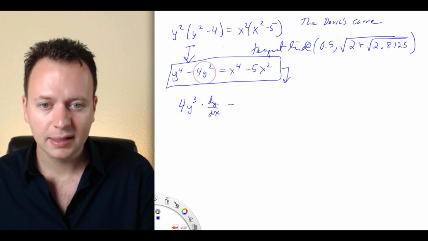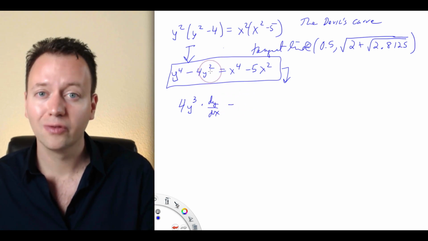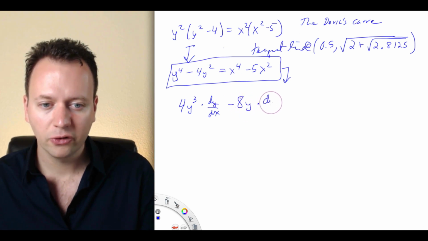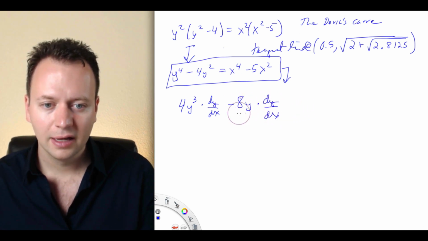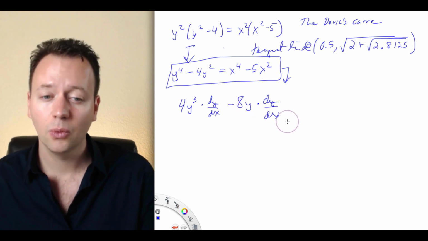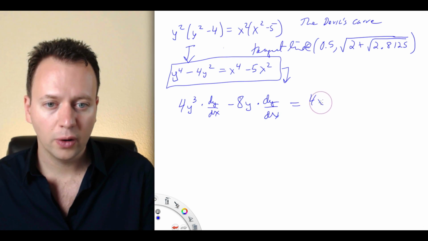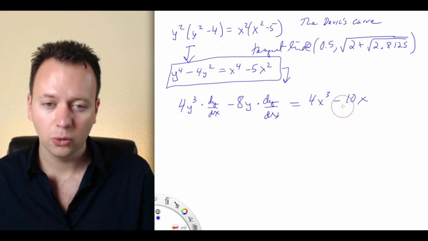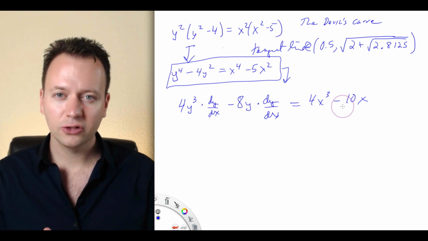Similarly, we have minus 4y squared; the derivative with respect to y, the 2 comes down, we get 8y, and then we have to multiply by dy dx. That's equal to 4x cubed minus 10x. So the x's we differentiate as normal, the y's we differentiate as normal, and then we throw in a factor of dy dx.